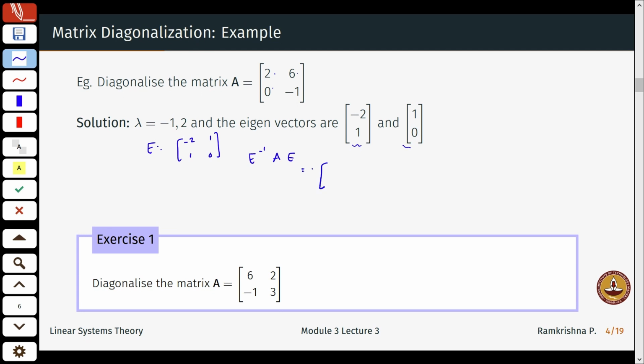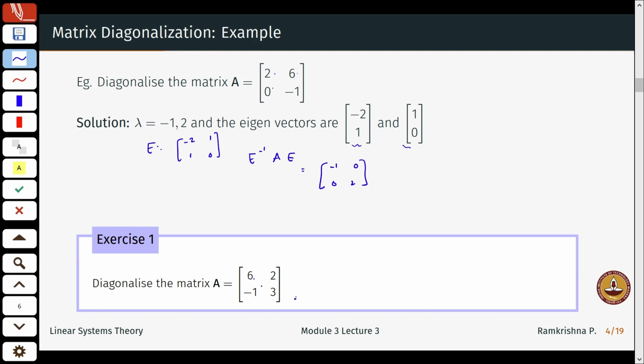You can quickly verify that this gives me 0 and 2. This is a very trivial exercise. You can just, as an exercise, compute the diagonalization, or the D matrix corresponding to the A matrix, which is given by this set of numbers.